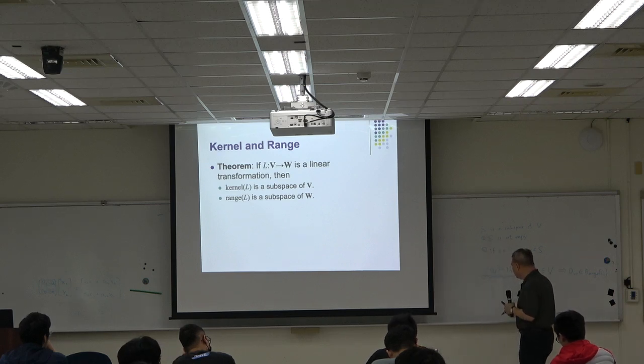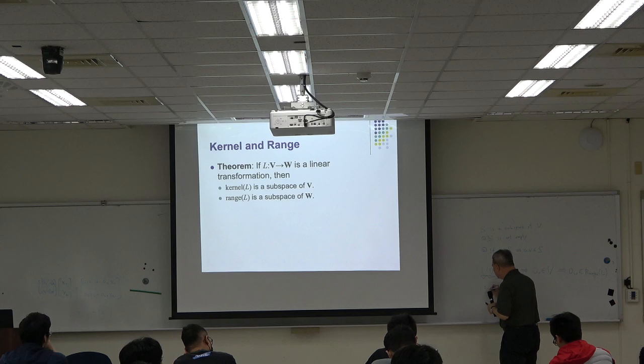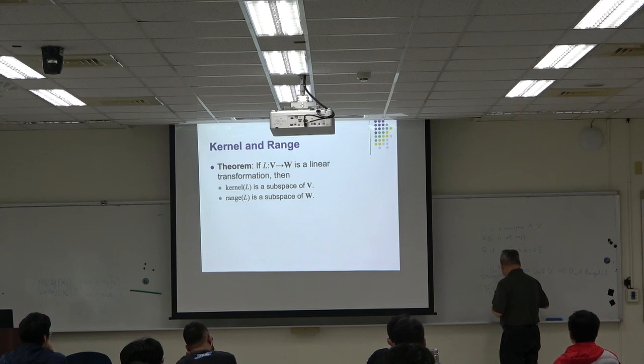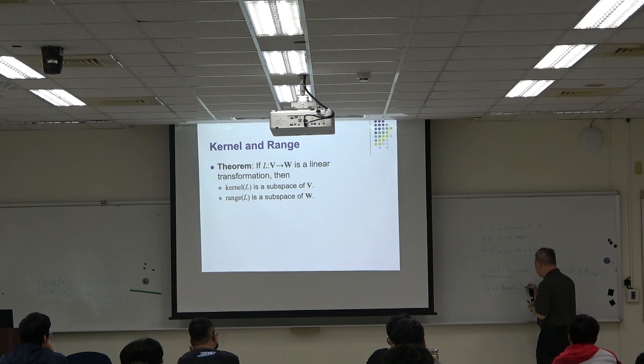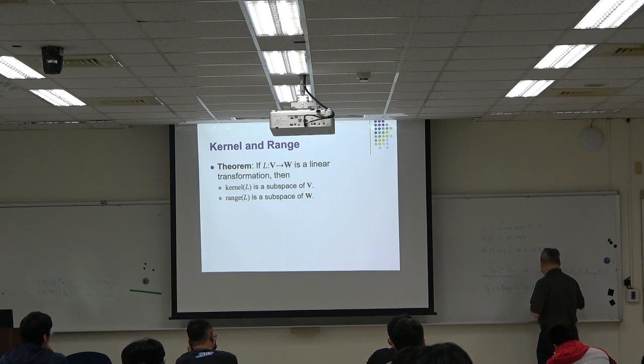And then, okay, if V is in range L, then according to the definition, it means there exists another vector U in V such that LU equals V, right?